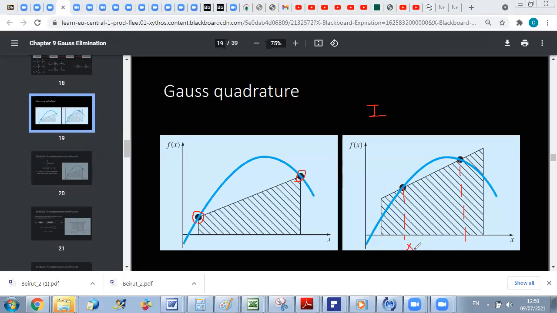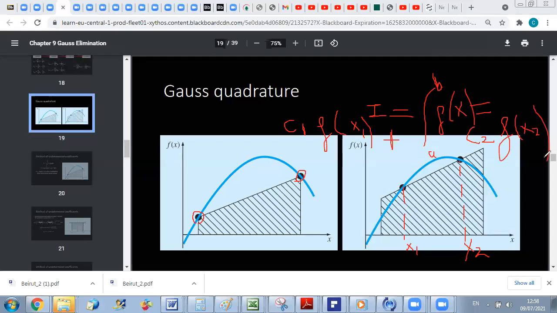I will call this point x1 and this point x2. If I select these 2 points appropriately, I can end up with the exact value of the integral. So the exact integral of the function f(x) in the interval I selected, let's say between a and b, should be equal to a certain coefficient c1 times f(x1) plus another coefficient c2 times f(x2).